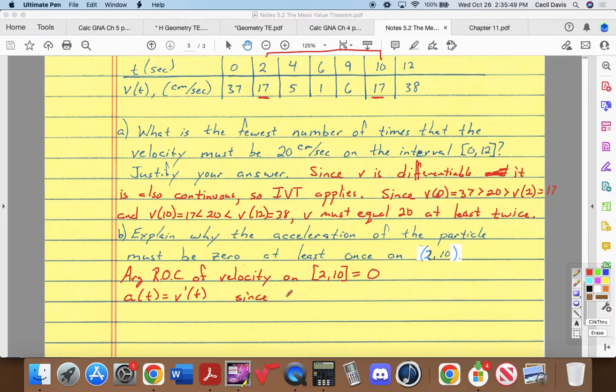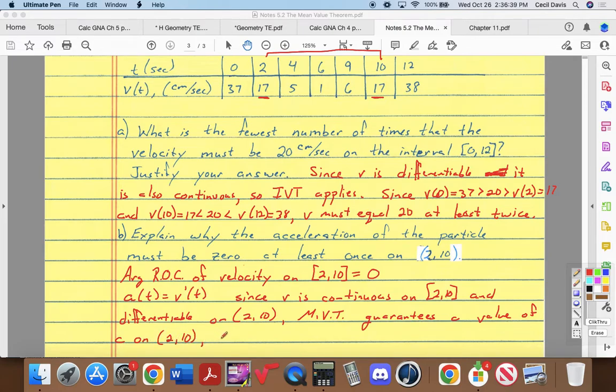So since v is continuous on the closed interval from 2 to 10, and differentiable on the open interval from 2 to 10, the mean value theorem guarantees a value of C on the open interval from 2 to 10 such that V prime of C, which is A of C, is going to be equal to 0.